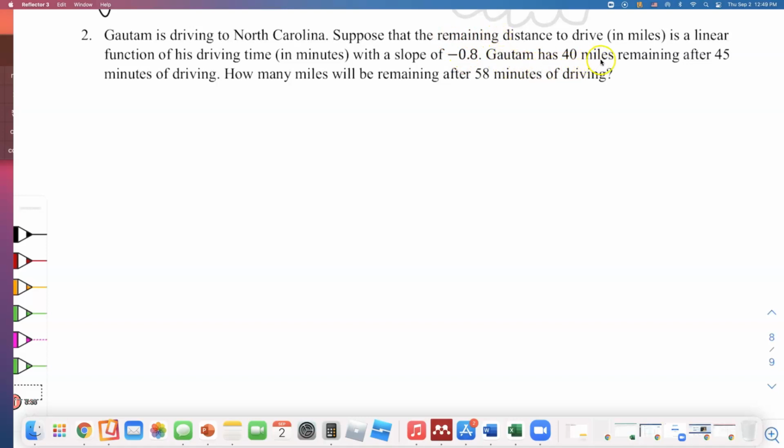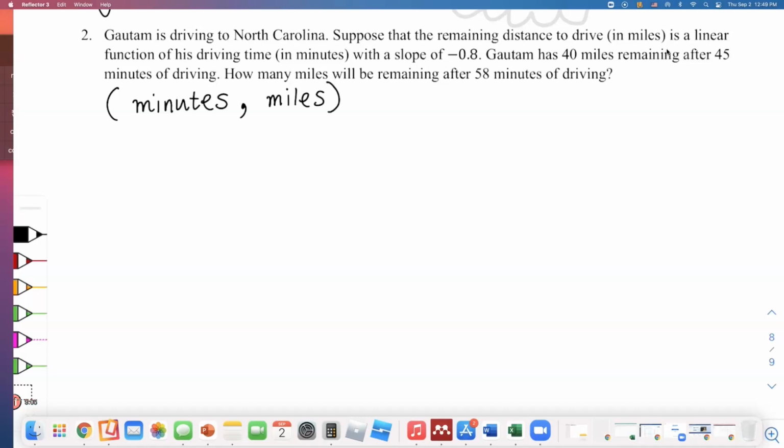So Gautam has 40 miles remaining after 45 minutes of driving. So what is the input here? Okay, so I have to be very careful with what is the input variable and the output variable. So the independent variable here is the minutes. Okay, the more you drive, the less miles you have to cover.